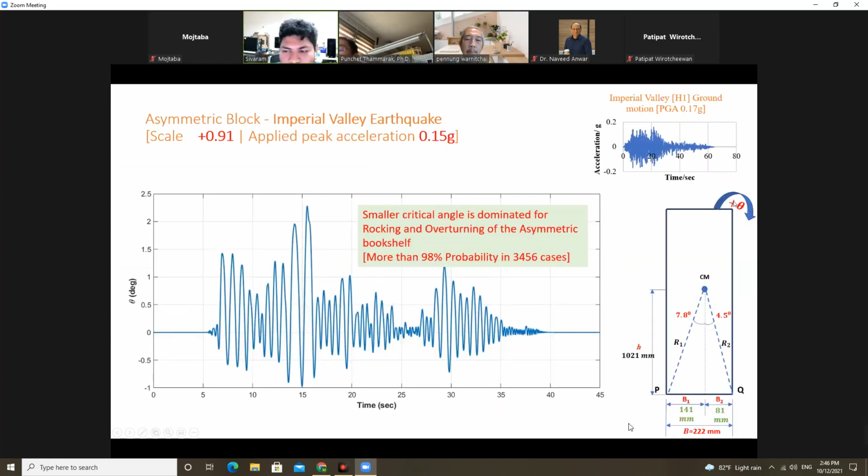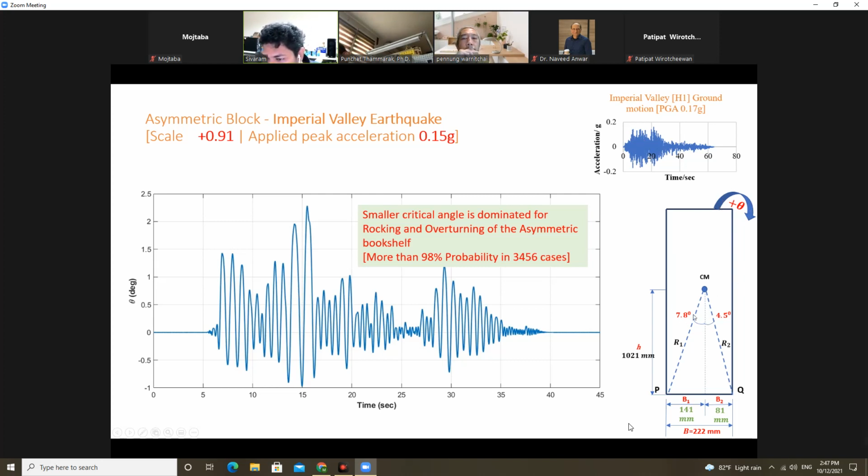Here I want to focus on what I already explained for the asymmetrical block. Here we can see an asymmetrical block where alpha 2 is 4.5 and the higher angle is 7.8. But when it is excited by the earthquake, this cylinder side is excited more, so it is controlled by the cylinder side.